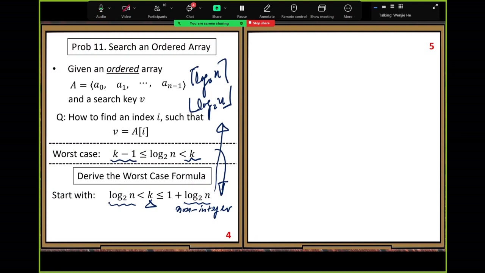So here we need to do some more math estimate. Let's go back to the previous integer inequality we derived from the previous slide. Here we want to do slightly better. Let's look at this inequality a little more.